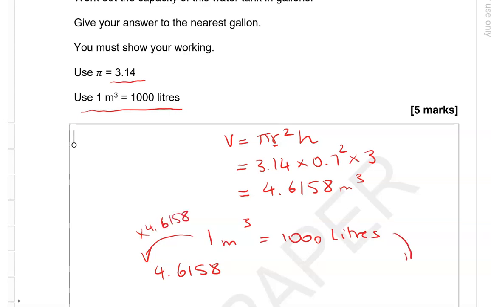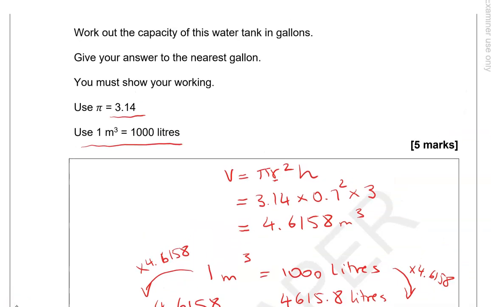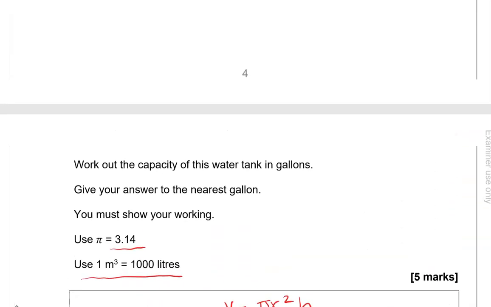So we'll do the same on the other side. And that gives us 4,615.8 liters. So we've got the capacity in liters now. We're going to have to work it out in gallons.